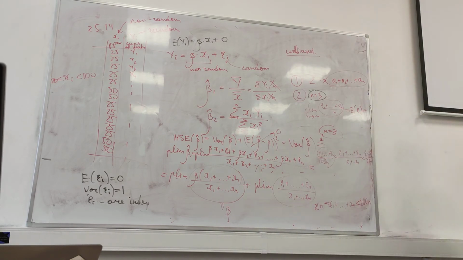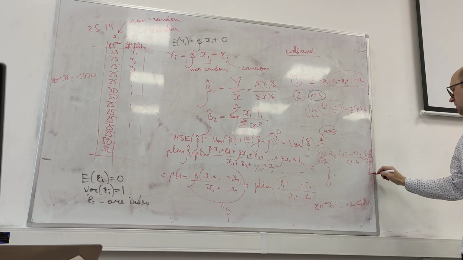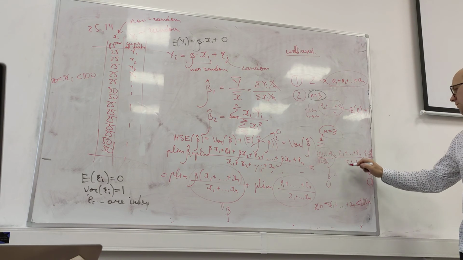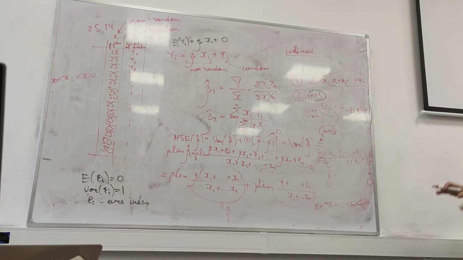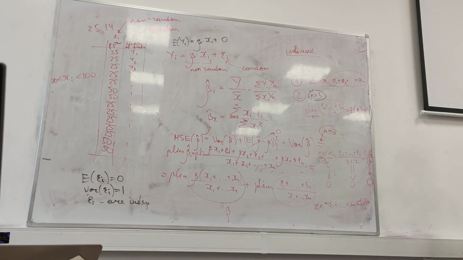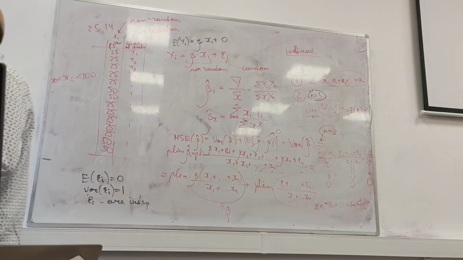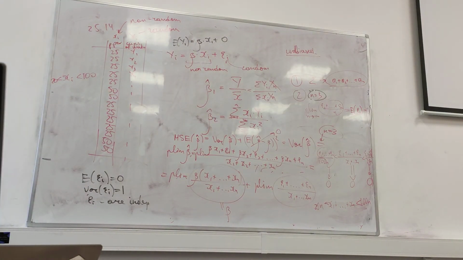And what is the expected value? 0. So this limit goes to 0. So I have a sequence bounded from both sides, and this goes to 0. Basically we have proven that beta hat is consistent. The second beta hat is also consistent, you can do it.